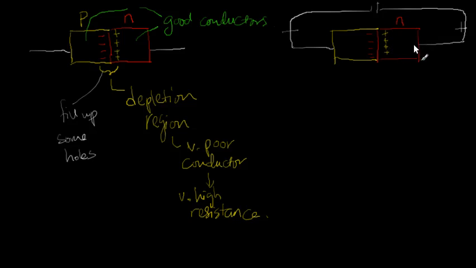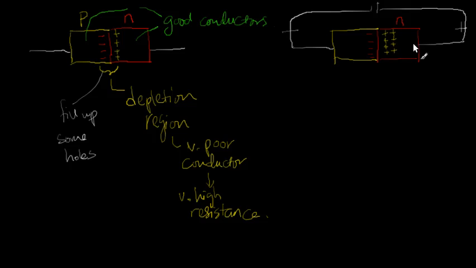So if electrons flow out, this means that there will be fewer electrons here, and therefore there will be even more positive charges. The positive charges would accumulate towards the left, towards this side, because we can think that they get repelled by the positive pole or attracted by the negative electrons there.